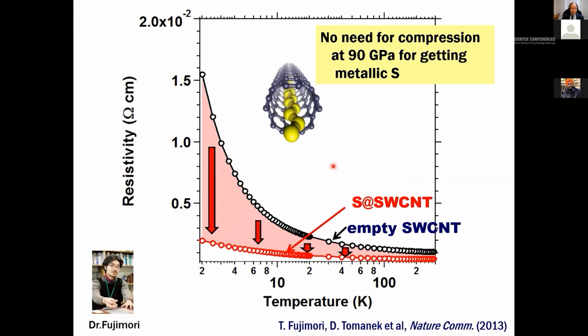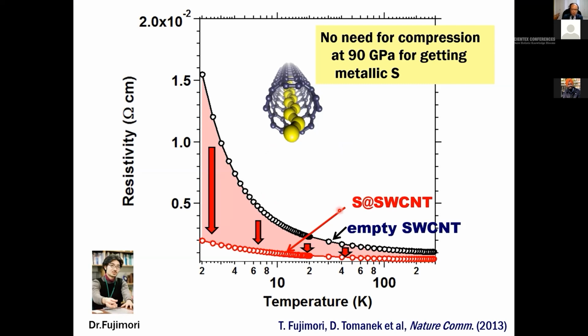How about the electrical properties? The electrical resistivity of the sulfur inside the single carbon nanotube is very low compared with that without the sulfur. So the sulfur should be metallic, and also careful examination by Raman spectroscopy indicates this sulfur should be metallic.